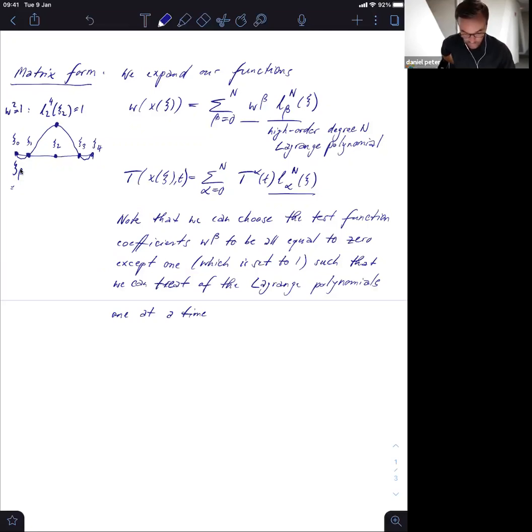So it means that once we set the coefficient for W, we basically look at the solution for just one particular GLL point. That's the only non-zero contribution that we will have.